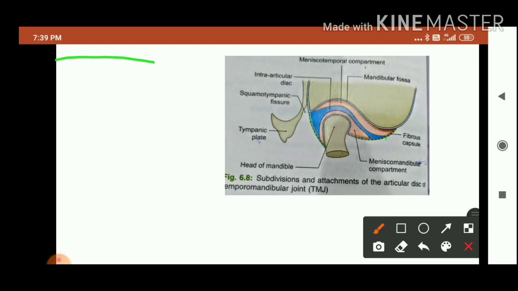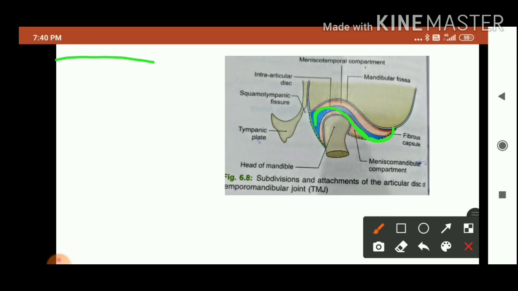It has one concavo-convex superior surface, where this part is convex and this part is concave, and one concave inferior surface.